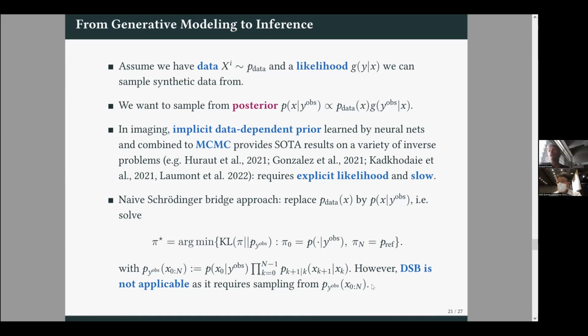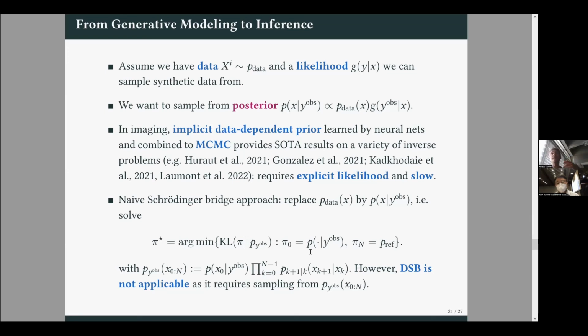You might, if you are interested in generalizing this algorithm to scenarios so as to sample from a posterior distribution, well, that seems actually quite tricky. In particular, you could say, well, I could try to generalize the Schrodinger bridge approach that takes me from the data distribution to this Gaussian distribution and replace that by a Schrodinger bridge that takes me from the posterior distribution to the Gaussian distribution.